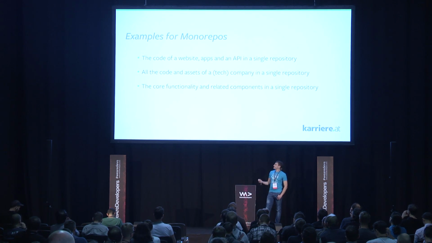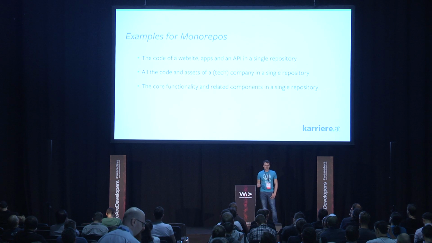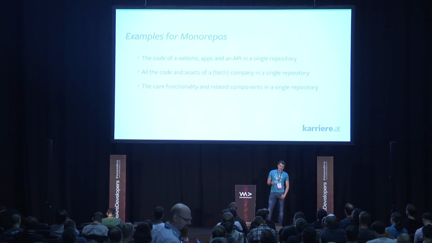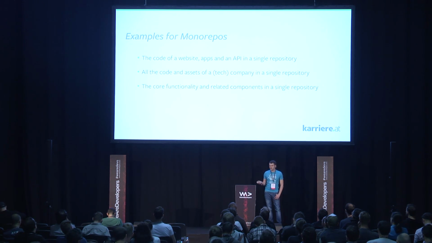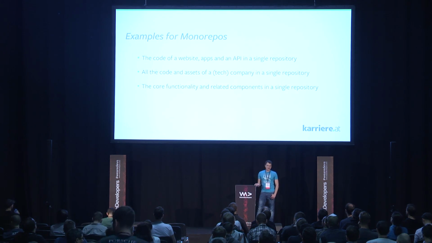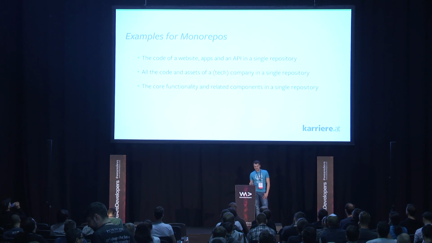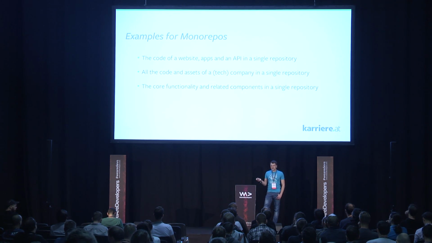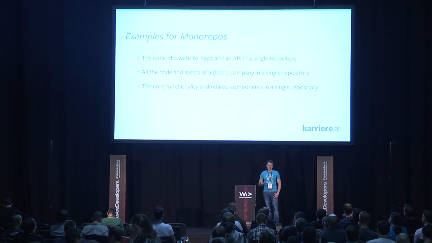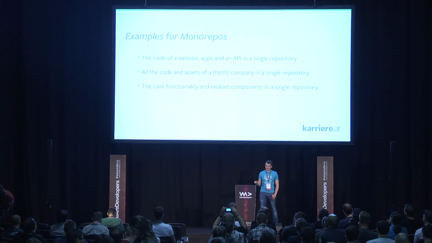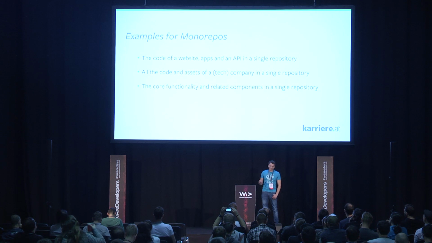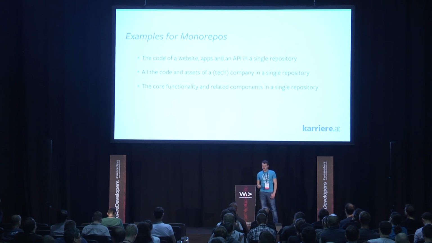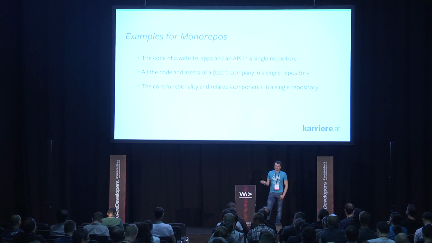So let's take a look at some examples of how monorepos could look. One example would be the code for a website and multiple apps, so for an Android and an iOS app, for example, and an API which is powering both the website and the apps, all contained in one single repository. So three different but related projects are all maintained in one single repository. Another example could be all the code or assets of a company contained in one single repository.